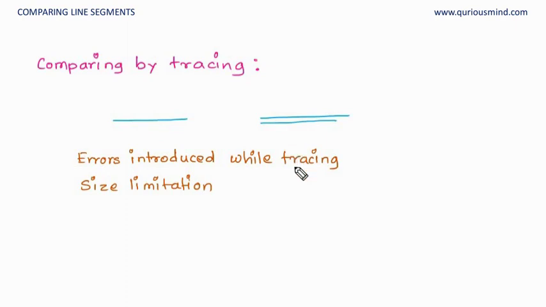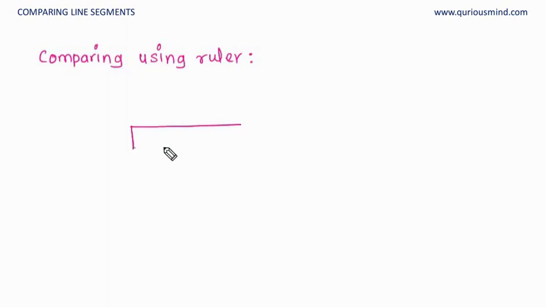So let's look at another method. Let's look at comparing using a ruler. So we have a ruler where we have markings in terms of centimeters or inches, so different measurement units, and we can just place our ruler and compare our line segment.